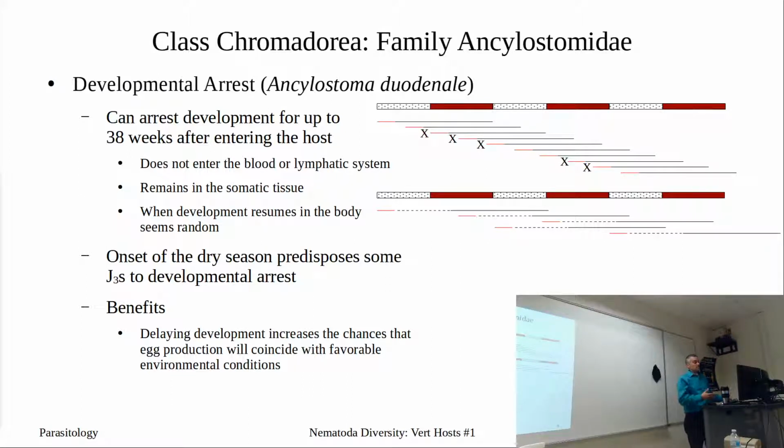The trigger for these guys is the onset of the dry season. All right, so the drying out of the soils will now start to predispose these developing juvenile stages so that more and more of them will undergo this developmental arrest.